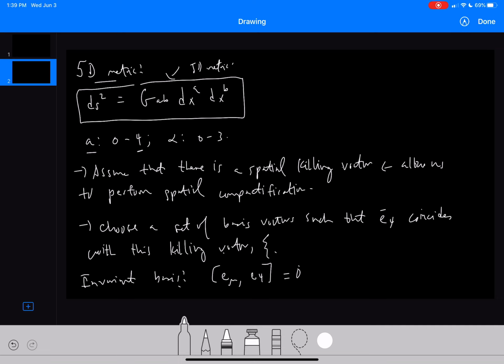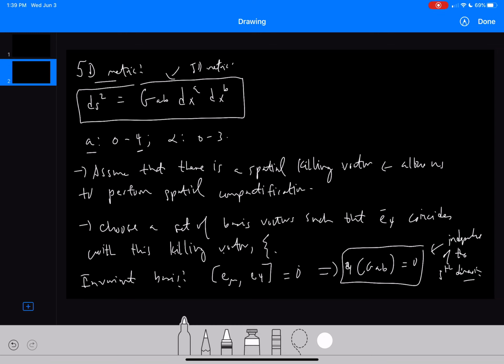What this implies, if you work it out very simply, is that the Lie derivative of the 5D metric along E4 goes to 0. So what this is saying is that the metric is independent of the fifth dimension. That's going to be a useful thing that we will make use of later.